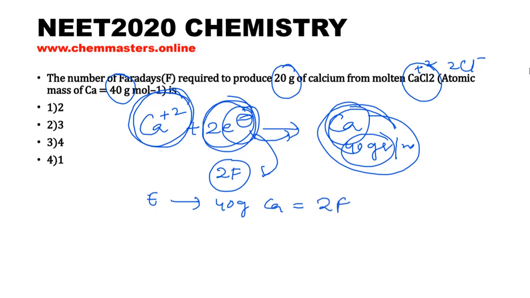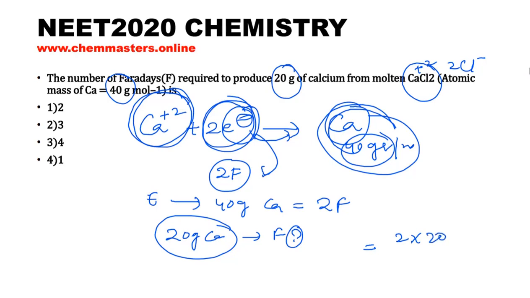Then for 20 grams of calcium, how many Faraday are required? This is the question. So the electricity required to produce 20 grams of calcium is 2 into 20 by 40 Faraday. From that you get 1 Faraday, and our answer is the fourth one.